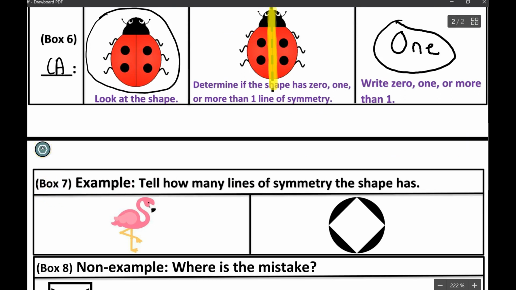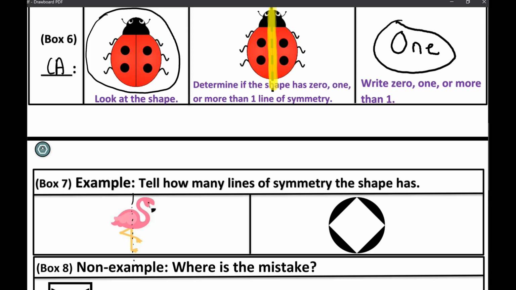So going into box 7, our example, it says, tell how many lines of symmetry the shape has. For my first object, I have a flamingo. This flamingo has a weird shape to it. If I were to try to draw a line going straight down it like this, it would not produce two equal parts.